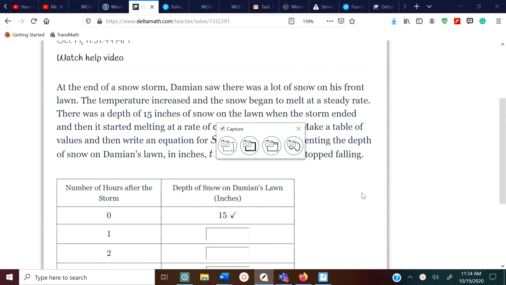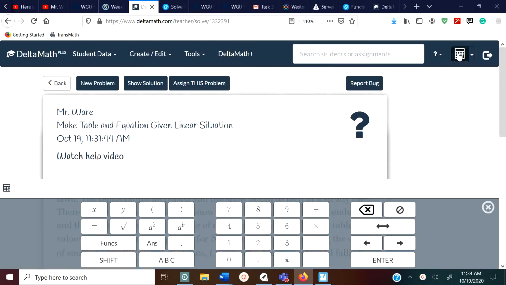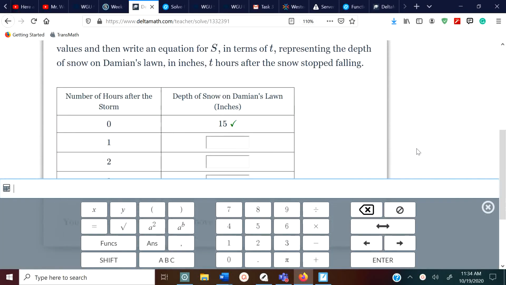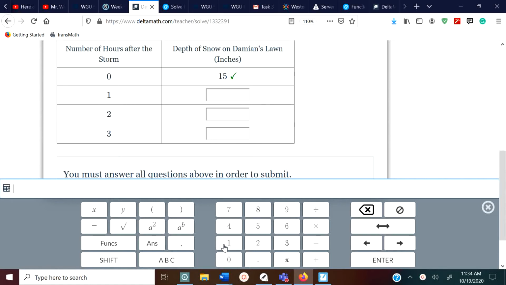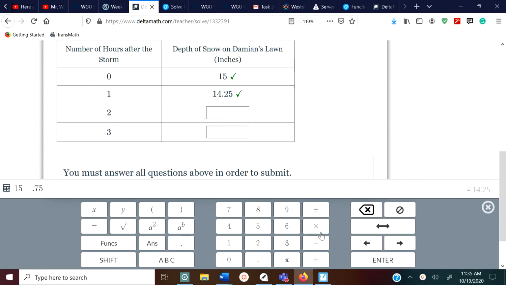Okay, so what I'm going to do is pull up the calculator here, and it's going to work out really well. So we start off with 15 and just subtract 0.75. And you see over here on the right, the answer is 14.25. So you just type that in, 14.25. Alright, now we're going to subtract 0.75 again, because it's another hour.